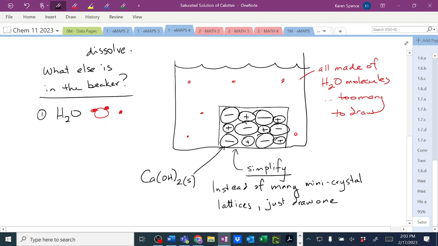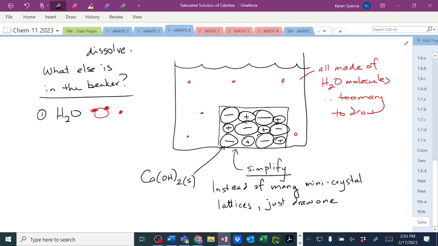What else is in the beaker? Yeah, the dissolved CaOH2. Now, do you remember what happens when we dissolve? The ions all come apart individually, okay?